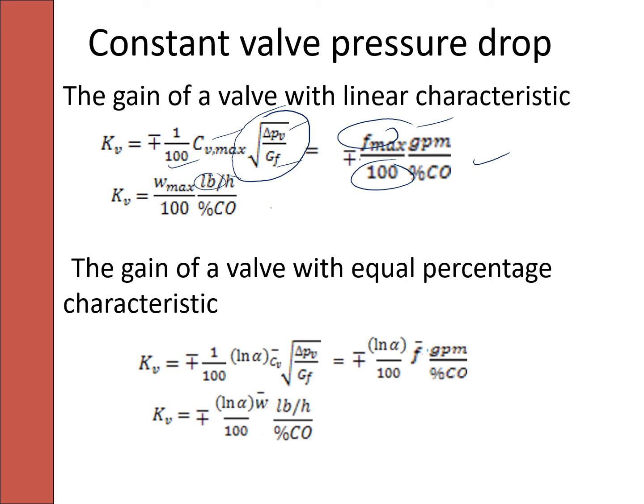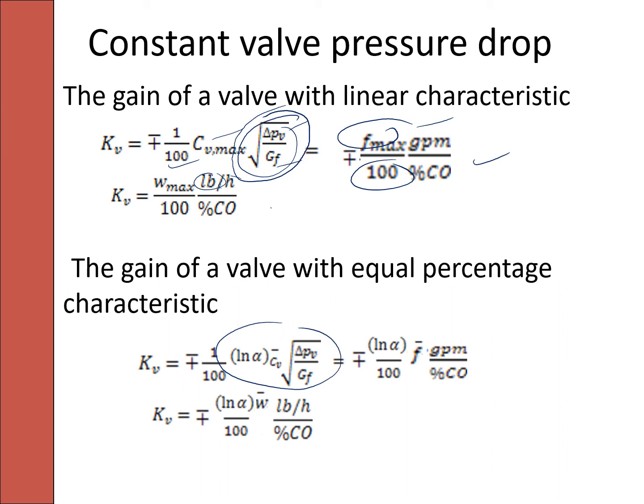Next is the gain of valve with equal percentage characteristic. The same goes as previous. We adapt the characteristic equations, in here this one and in here this one, to the Kv formula, the gain of the valve.